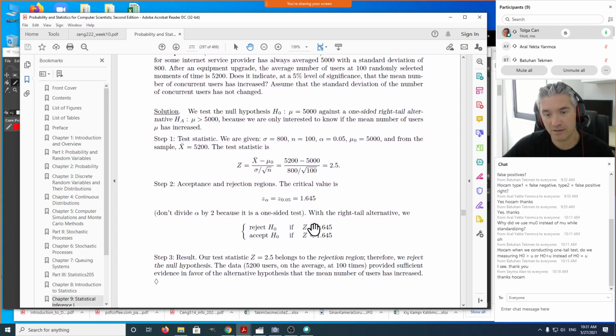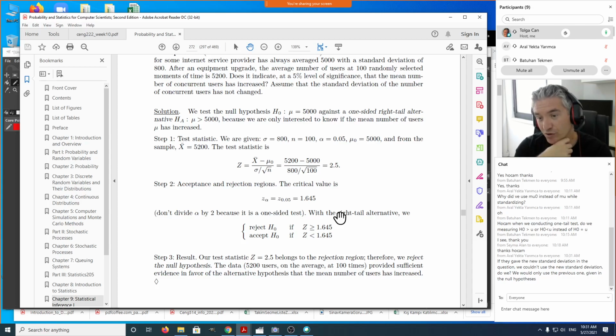It's larger than 1.645, so it belongs in the rejection region. We reject the null hypothesis. This last sentence basically says that the sample of size 100 provided sufficient evidence in favor of the alternative hypothesis that the mean number of users has increased.